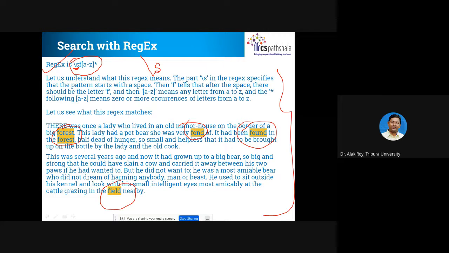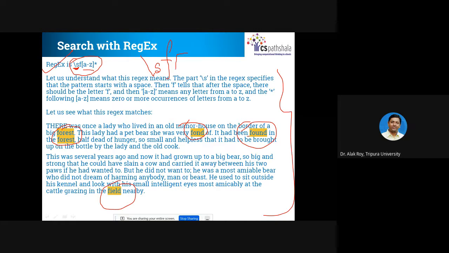Backslash s will skip the white space before each word, F will search for the letter F, and a-z will search for small letters, like forest: o-r-e-s-t, here o-n-d, here o-u-n-d, i-e-l-d.